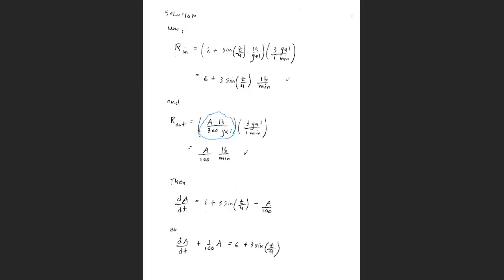So the concentration of salt in the tank at time t would be the amount A, as a function of t, divided by 300 gallons. Very good question.